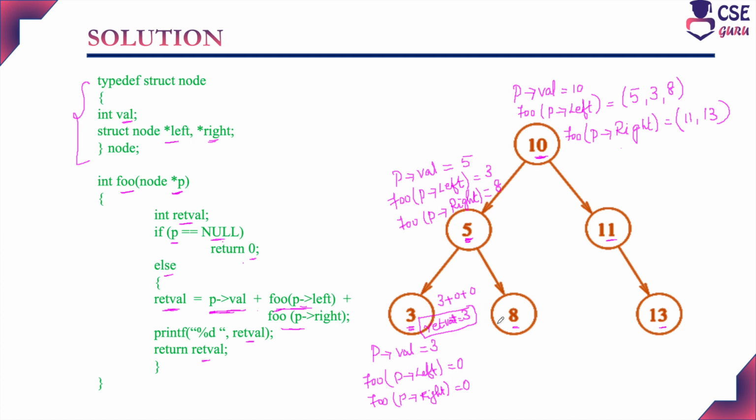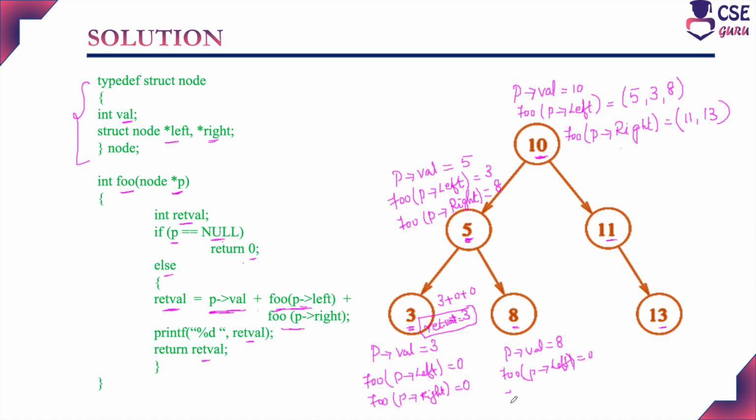Next, move to the right node. We have to implement this foo function for the right node of 5. The right node of 5 is 8. So p of value for this right node is 8. If we implement the foo function for its left node, there is no left node, p is equal to null, and its return value will be 0. So foo of p of left is 0.